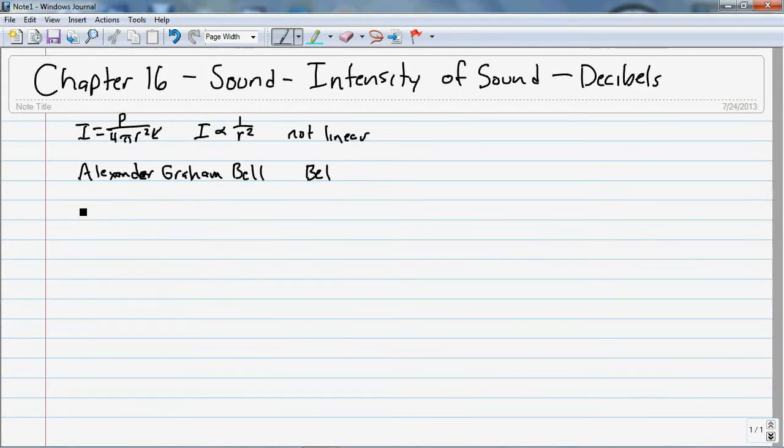Now, the one question that needs to be asked when we talk about intensity and decibels or bells is, in relation to what?